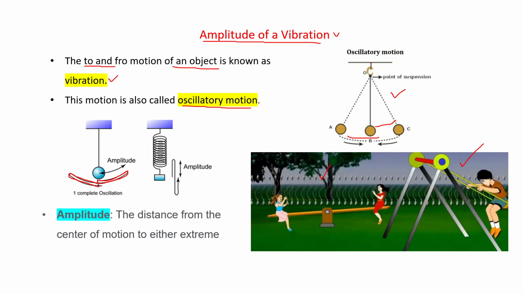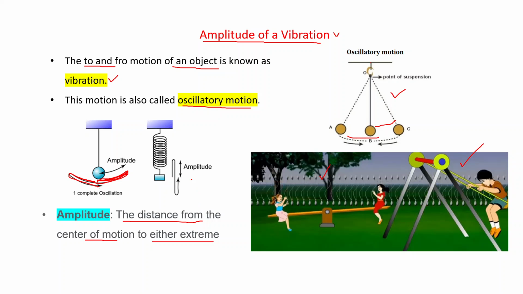Then what is amplitude? During this oscillation, the distance from the center to the extreme, either this side or this side, is called amplitude. You can see, the distance from the center of motion to either extreme is called amplitude.